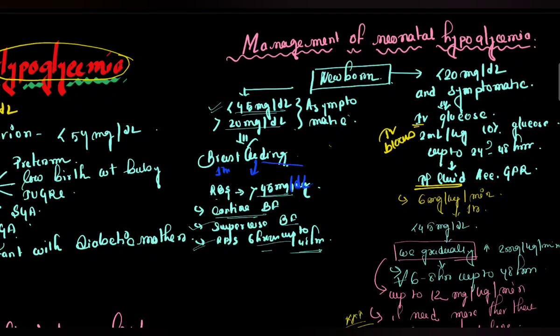But if after 1 hour the random blood glucose level is less than 45 mg per dl, in that case we should give IV fluid according to glucose infusion rate.